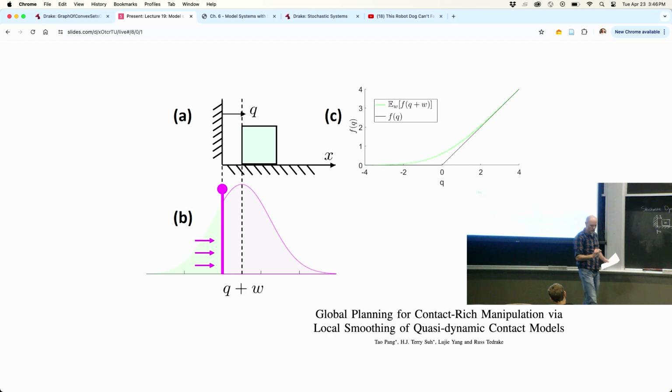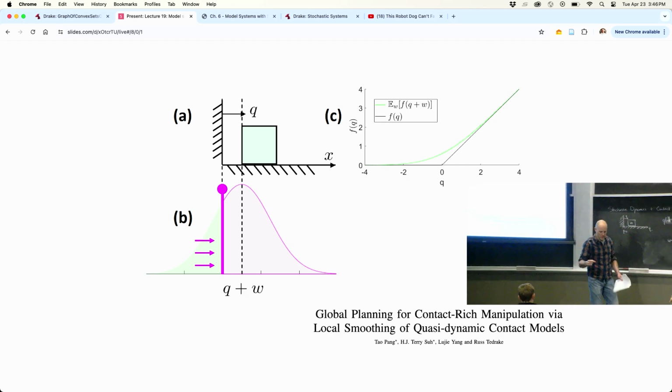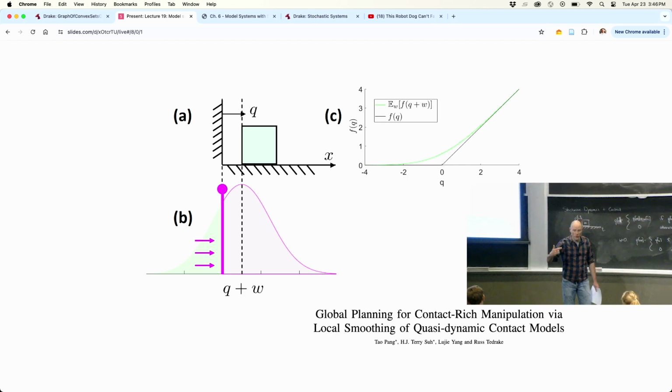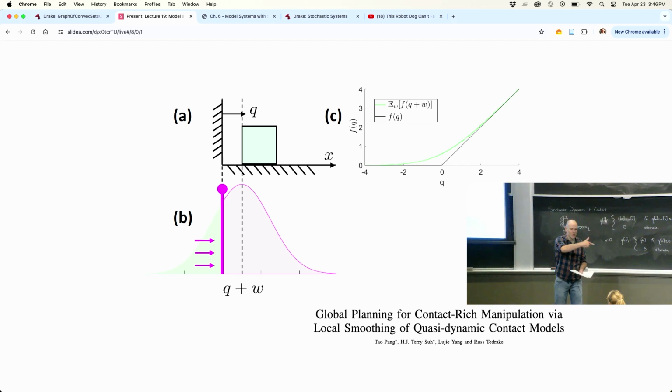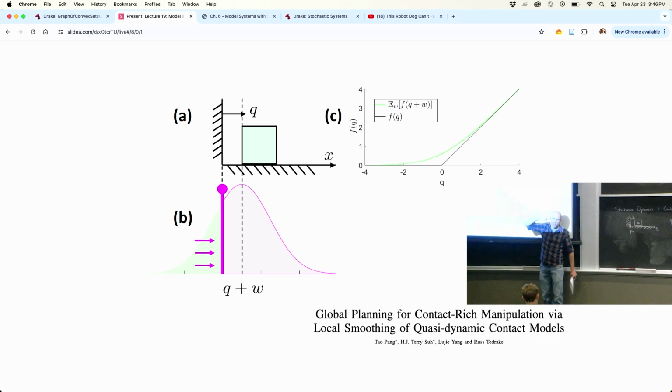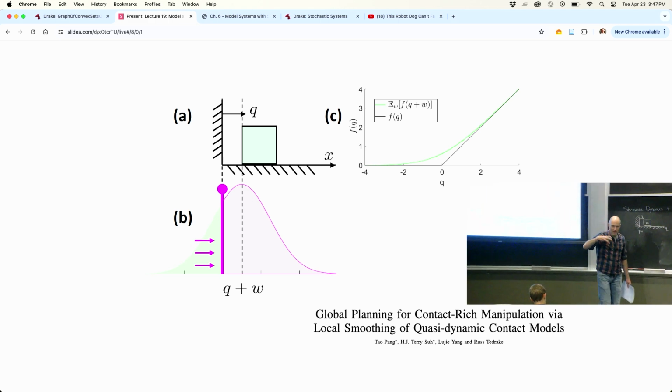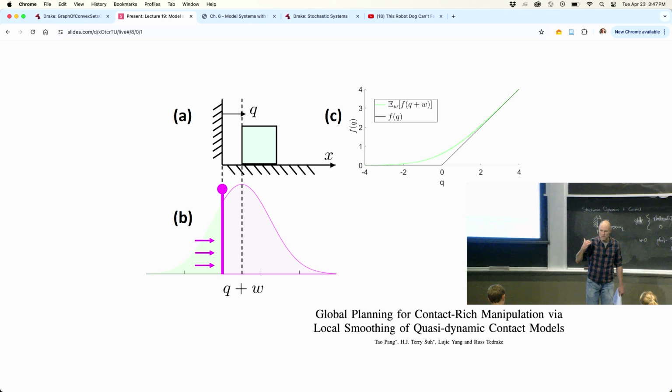We talked about in hybrid trajectory optimization that one of the challenges is that there's no gradient. If you're not making contact, there's no gradient that tells you to go make contact and pulls you back out. But if you're doing stochastic optimization, then you can have signal at a distance. So this is one interpretation of why RL has done very well in contact problems: some of the simple randomization strategies actually smooth out some of the discontinuities of contact.